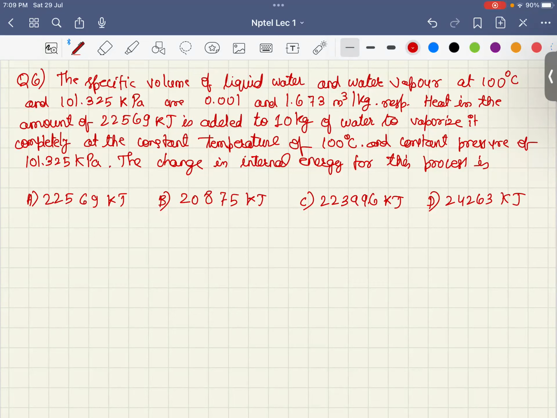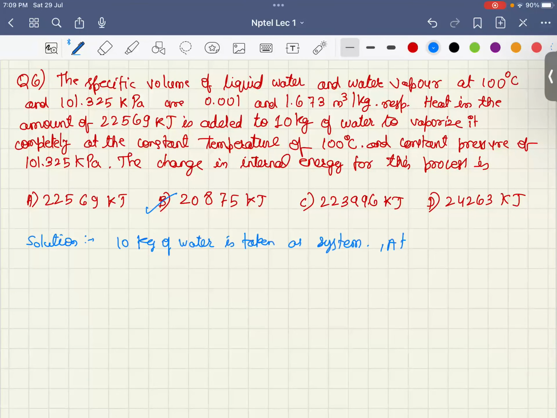So the correct answer is option B. Right? Correct answer is option B. The solution for this is: what we have given is 10 kg of water taken as system, right?